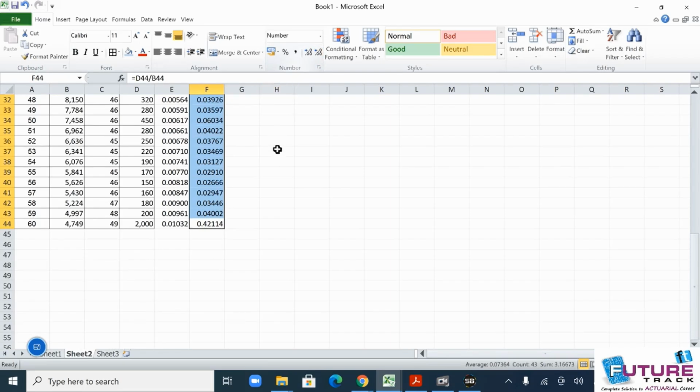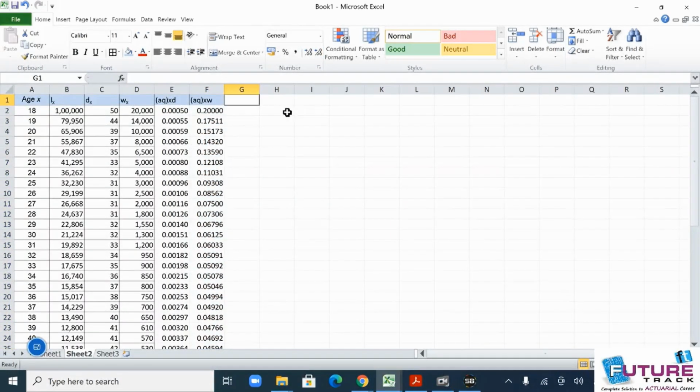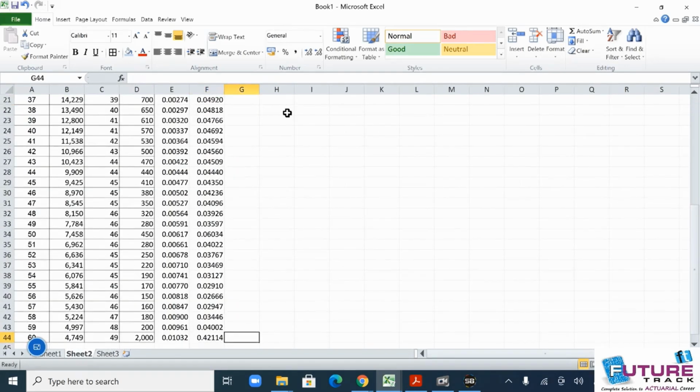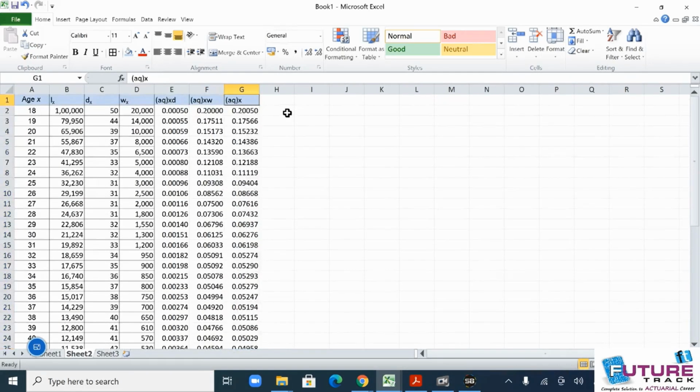Fine. Then class, let's find out aqx also, that makes our calculation easy. What is aqx? That is the sum of this plus this. Let's find out the apx also, that is 1 minus aqx.